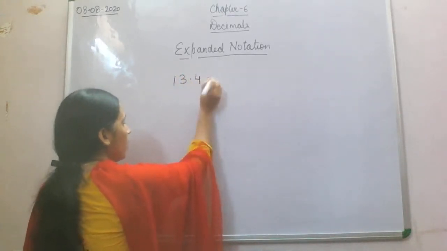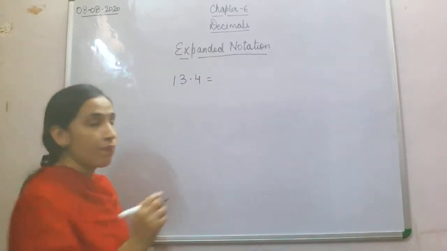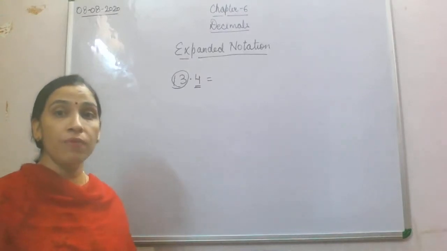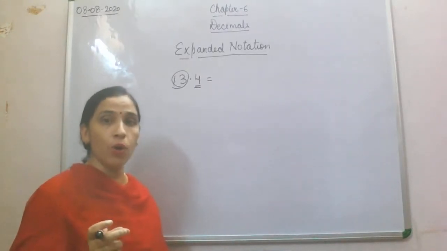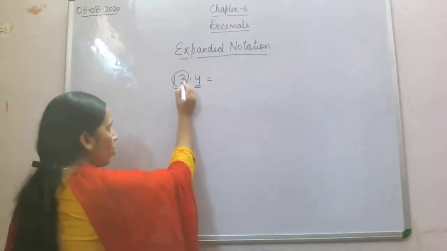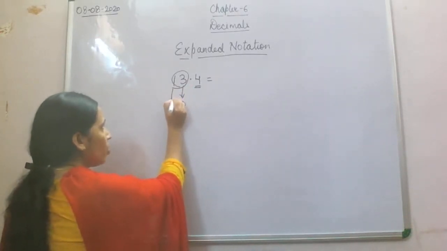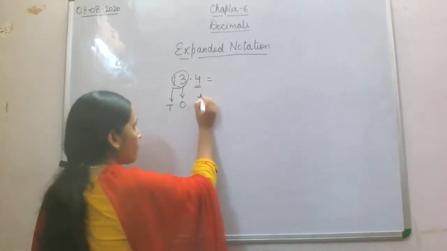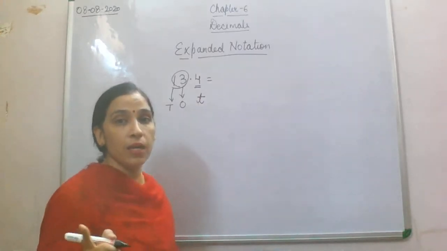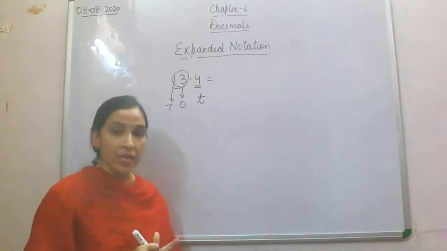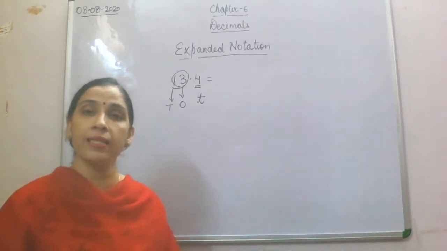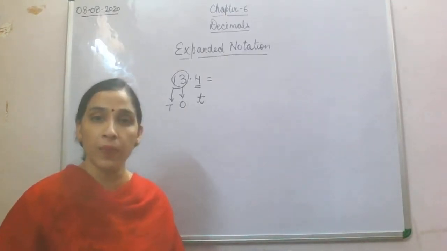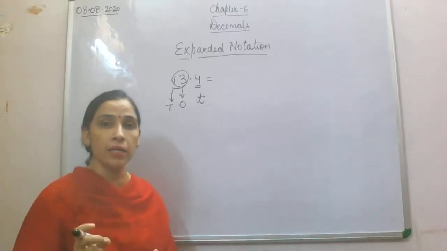13.4. In this example you can say 13 is your whole number and 4 is your decimal place. Now if we talk about the place value system of decimals, this will be your ones, this will be your tens, which we have learned in large numbers, and this 4 will be your tenths place. After the decimal point you start with the tenths place, then hundredths and then thousandths. So we are going to represent it by dividing by 10.